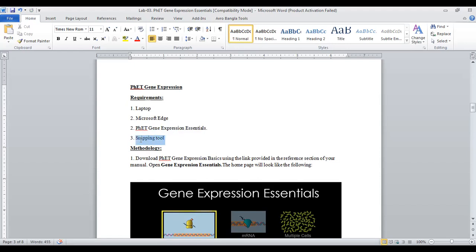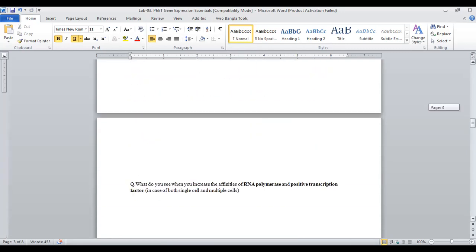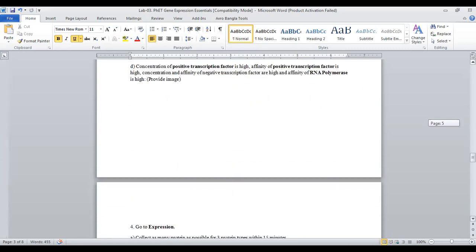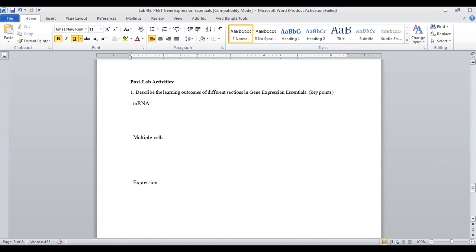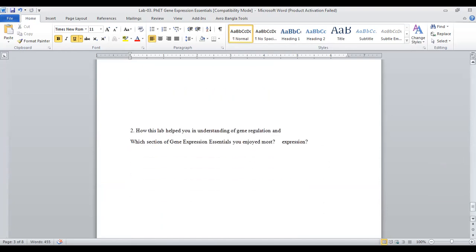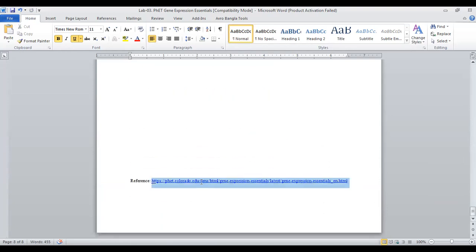Snipping tool is for taking the screenshot. For PhET gene expression essentials, we have a link provided at the end of the material. This one. Okay. Copying the link.